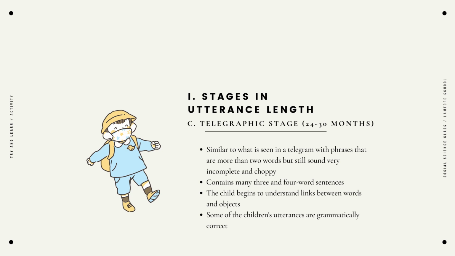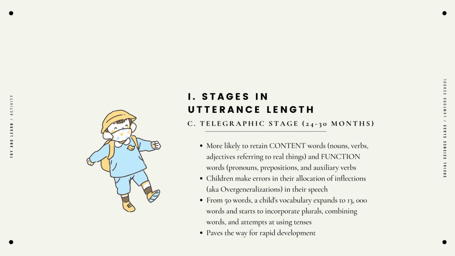Moving on to the telegraphic stage occurring at 24 to 30 months. This is similar to what is seen in a telegram, wherein there are more than two words in a sentence or an utterance, but it still sounds quite incomplete and choppy. It consists of many three and four word sentences, and the child begins to understand the links between words and objects. So now, the utterances that children create are grammatically correct.